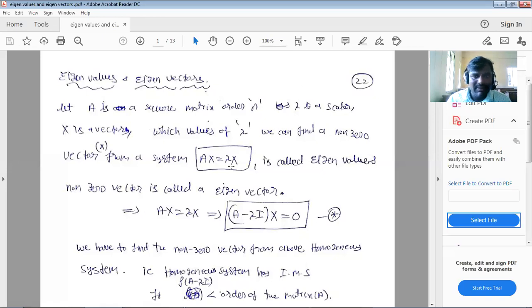Now the definition is: for which values of lambda can we find a non-zero vector x from the system Ax equals lambda x?